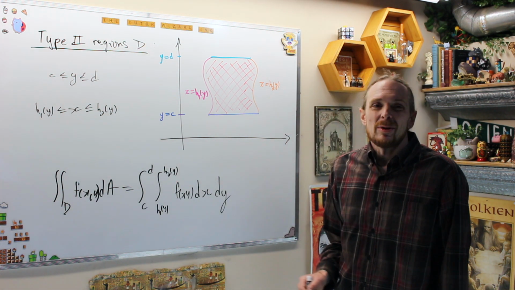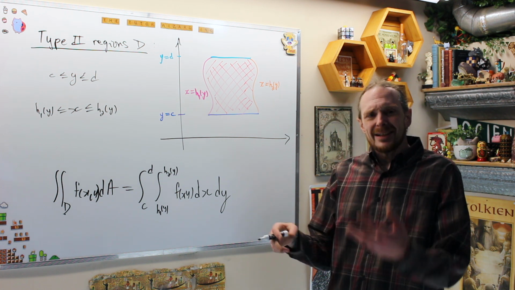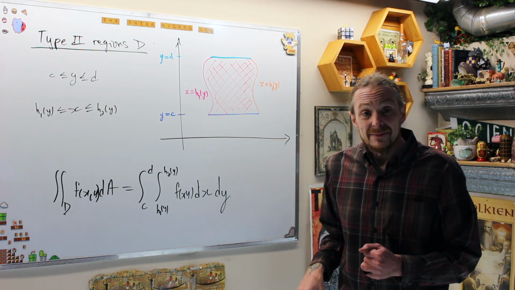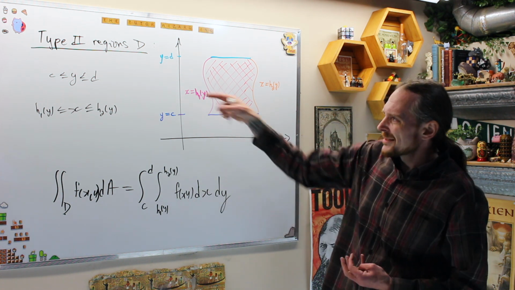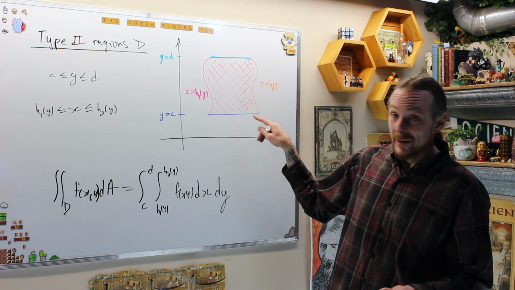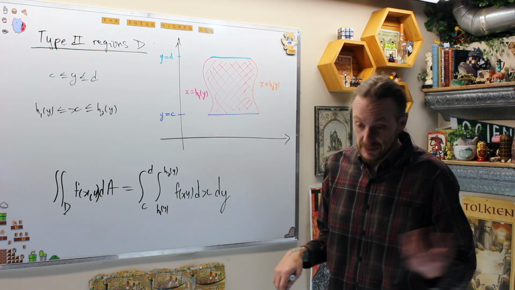This is how we're going to compute double integrals of functions of two variables over arbitrary regions, and if they're positive, interpreted as volumes, by phrasing the second type of region, where we've had to phrase the functions as x in terms of y, not y as functions of x.